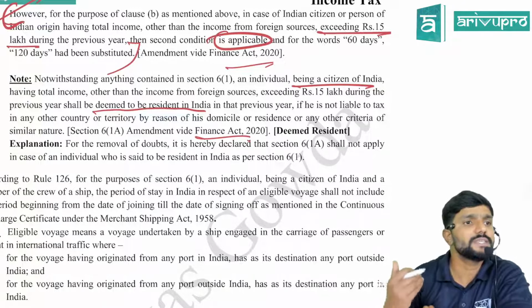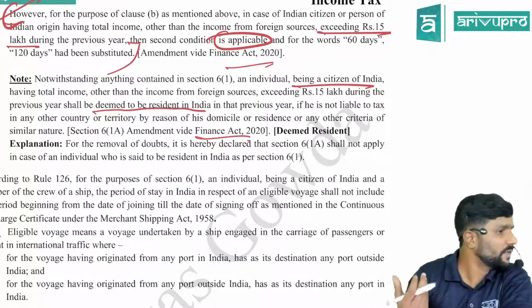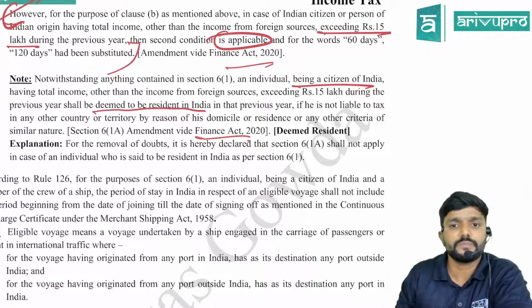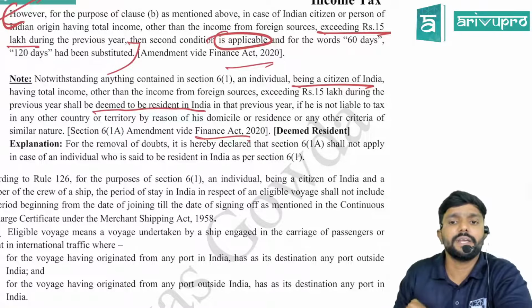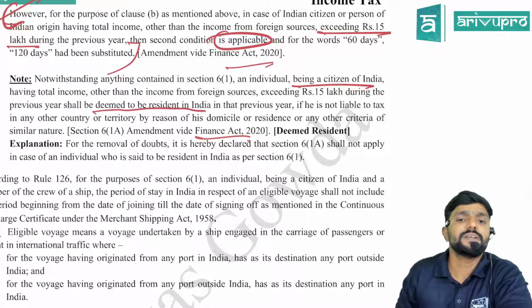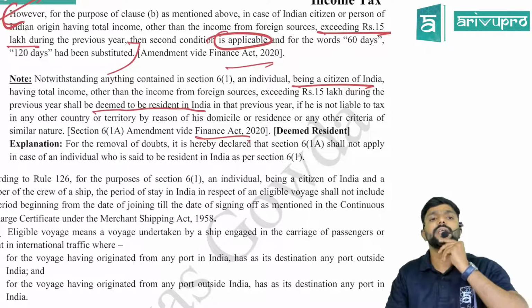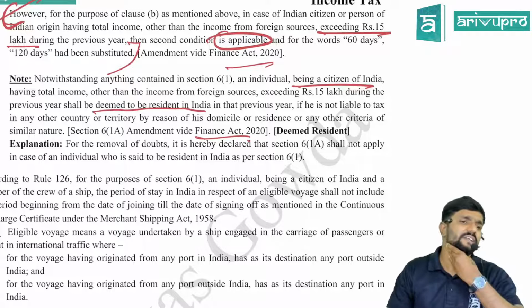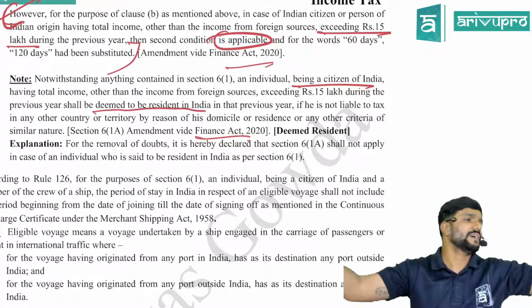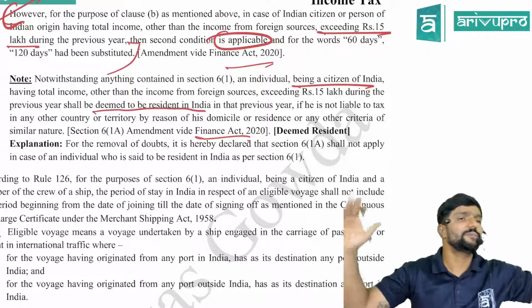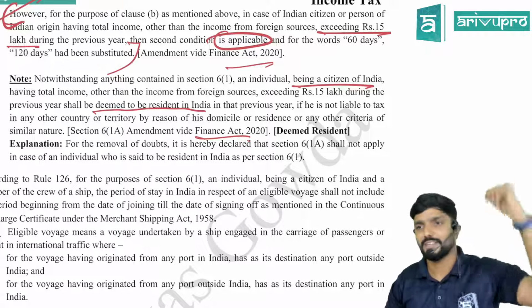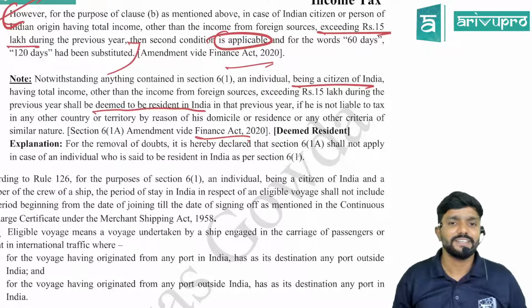Domicile. Domicile means the place where you have a permanent home. Or residence or any other criteria of similar nature. Means you are not paying tax in any other country. We are telling we will adopt you as our resident. Come. You are deemed to be resident, pay tax in India.